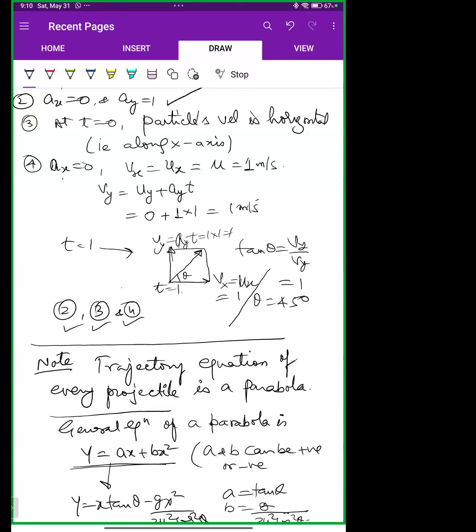Look into your register. The definition is constant acceleration in one direction and 0 acceleration in perpendicular direction.